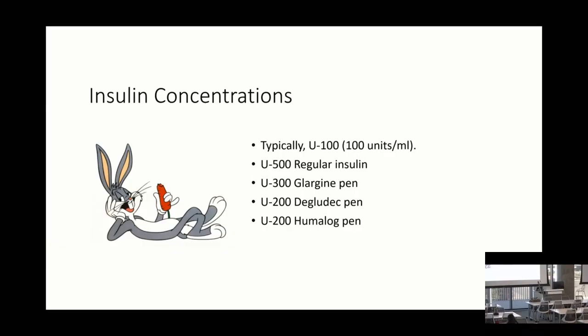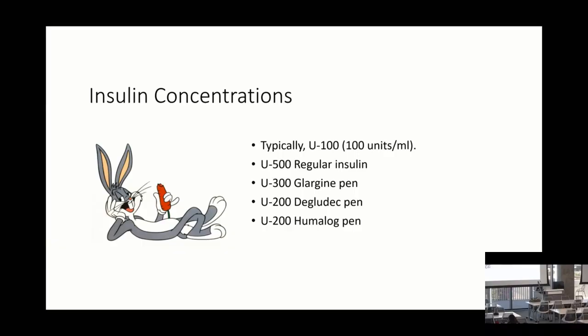So by making it more concentrated, suppose you want to give 200 units. Well, let's just make it simple. 500 units, okay? If you're going to give 500 units with U100, you're going to give how many mls? 5 mls, right? It's 100 units per ml. So if you want to give 500 units, you're going to give 5 mls. Whereas if you use U500, how many mls would you give? 1 ml.